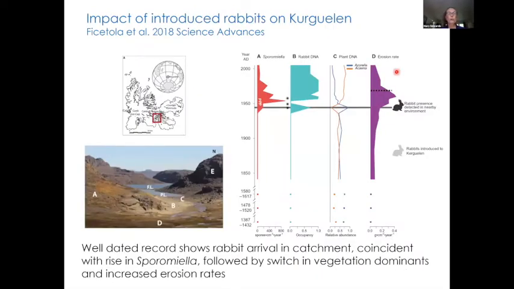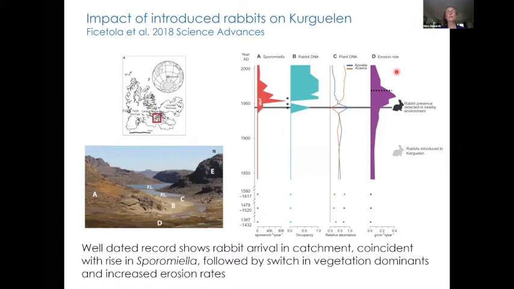One also might want to focus more on invasive species coming into otherwise unusual ecosystems worth protecting for, if not pristine, their very important biodiversity features. And here we have the Kerguelen Islands in the Southern Ocean, and this study by Pizzitola et al. very nicely combined looking for the rabbit DNA itself when rabbits were introduced to this island and started to transform the vegetation on it.